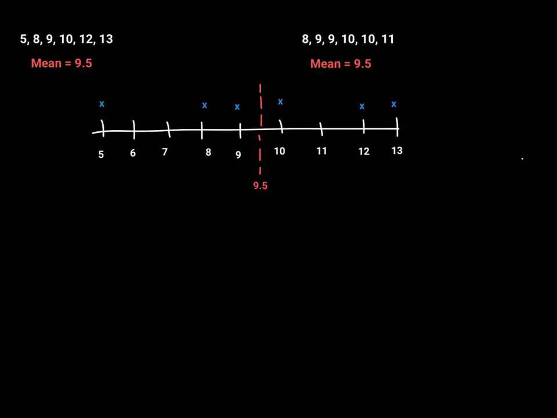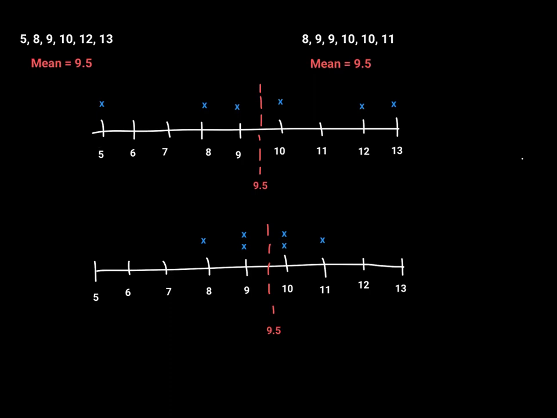This graph here shows how the values in this first set differ or vary from the mean. The data is really spread out from the mean. Compare this to the following graph. Look at how the data does not vary that much from the mean compared to the previous set. You know what I mean?